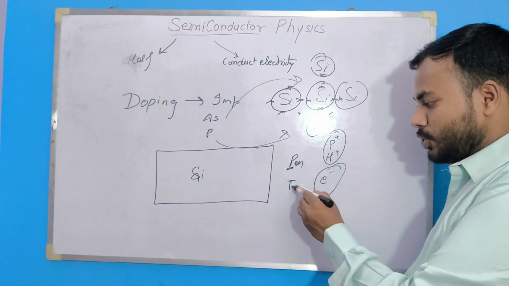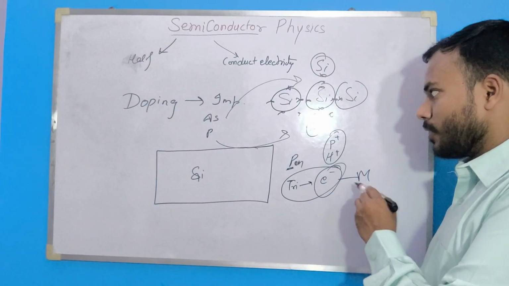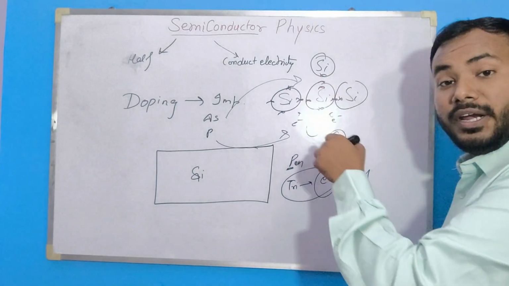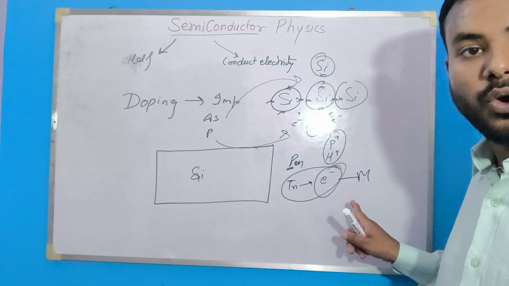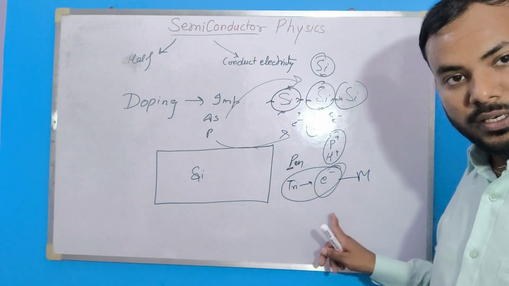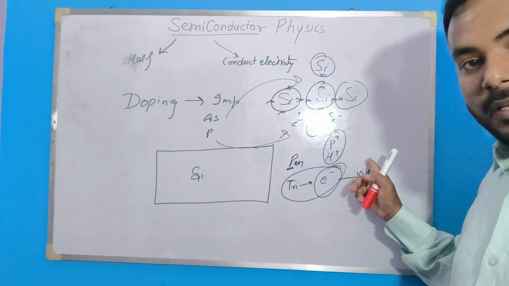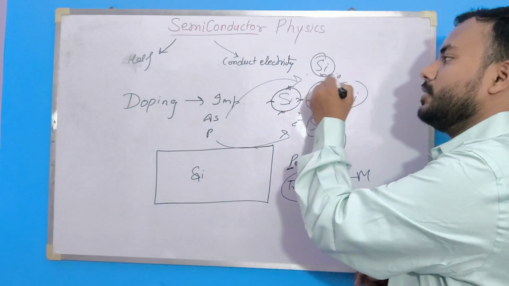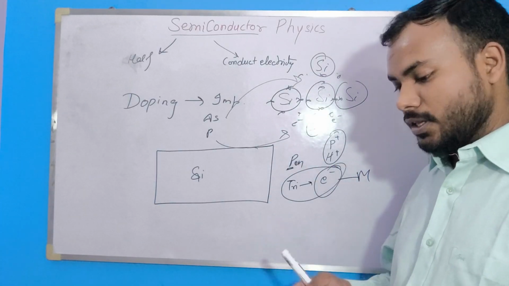So in the trivalent impurities, electrons are the majority carrier. Here electrons are in a free state, so they will move and conduct electricity. That's why this is called a trivalent semiconductor. And in the pentavalent semiconductor, holes are the majority carriers and holes move here and there, so it will conduct electricity. So due to both reasons this happens.